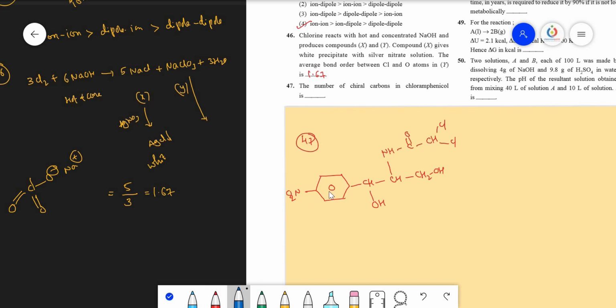If you observe here, one chiral carbon atom is here, and one chiral carbon atom is here. Chiral carbon means the carbon connected to 4 different groups and having no symmetrical elements. So these two are the chiral carbon atoms. So there are 2 chiral carbon atoms. So for the 47th question, the answer is 2.